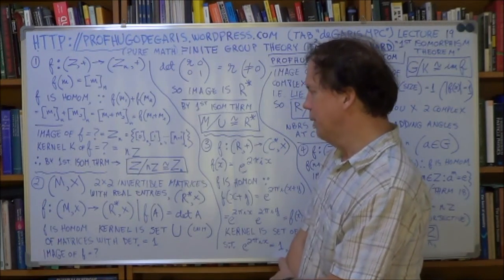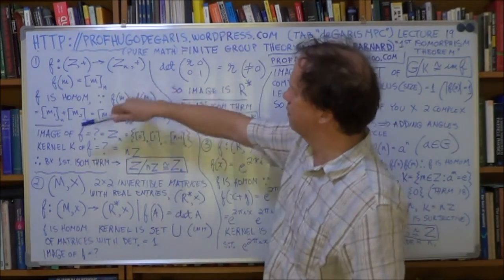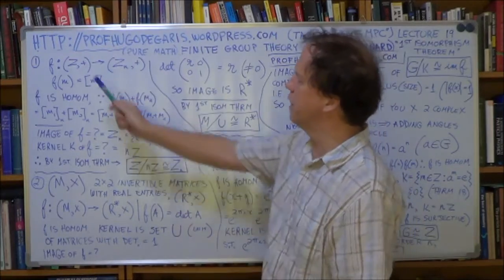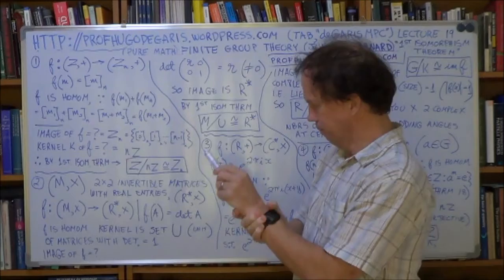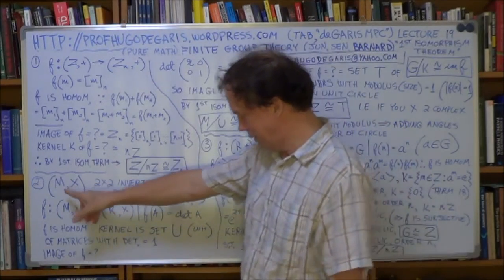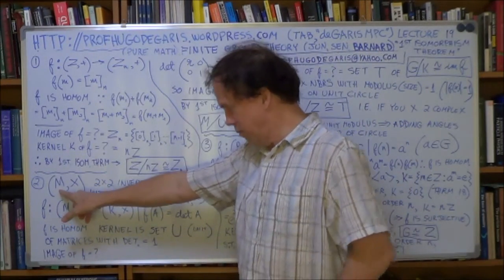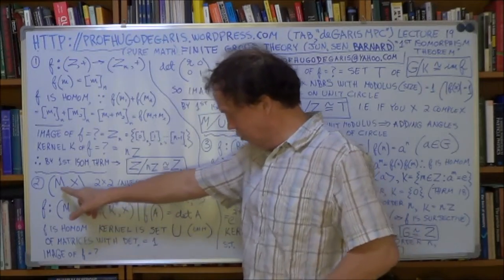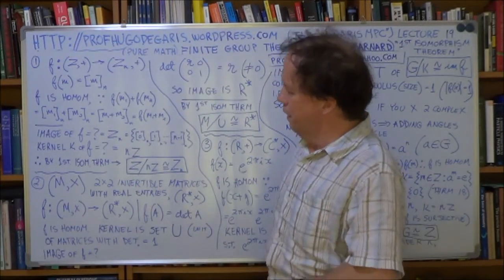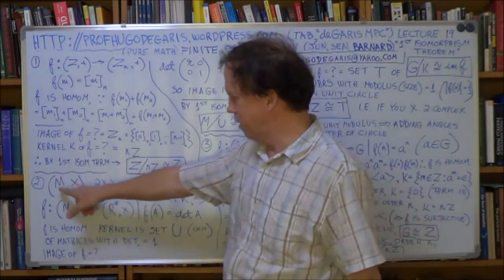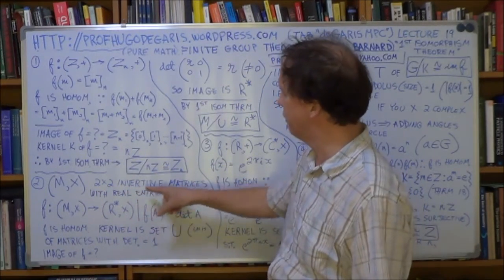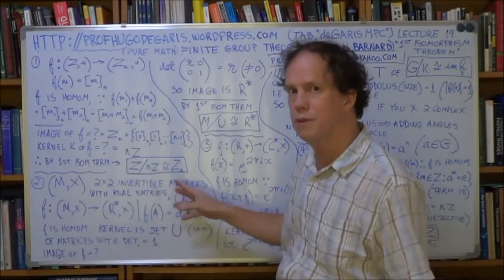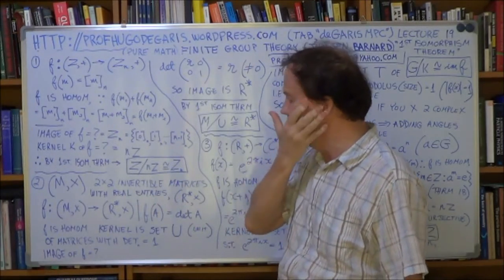All right, second example. So that was mapping integers to residue classes. This one is in the context of matrices, M for a matrix, and this group here is these matrices M. You're given 2 by 2 invertible matrices. Now we've talked about this several times in the past.